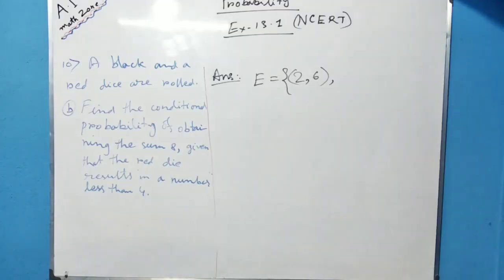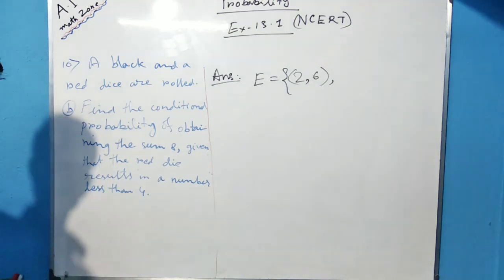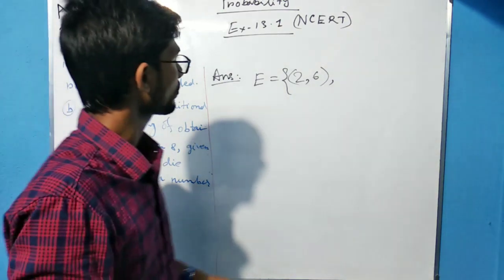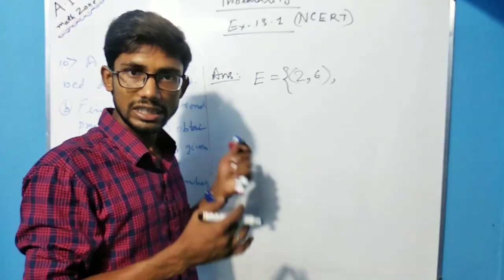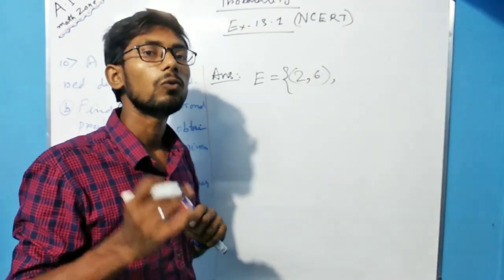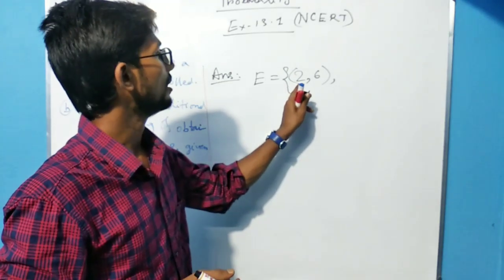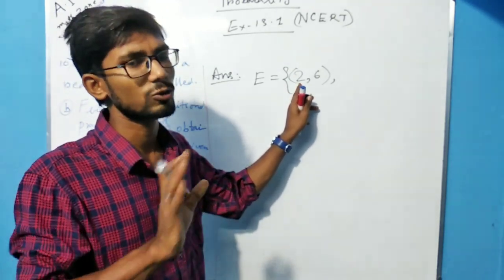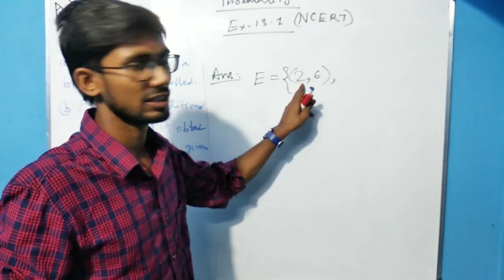So what is E? E is the event that the summation will be 8, right? Now see, why not take 1? Because adding anything from 1 to 6 to 1 will never give 8. That's why the first element should be 2.